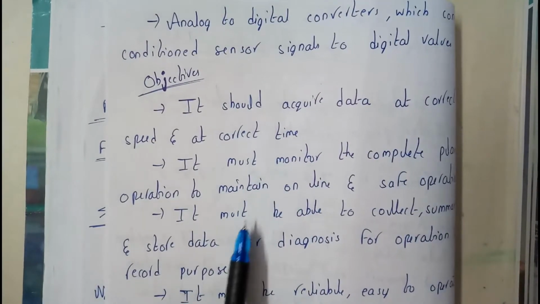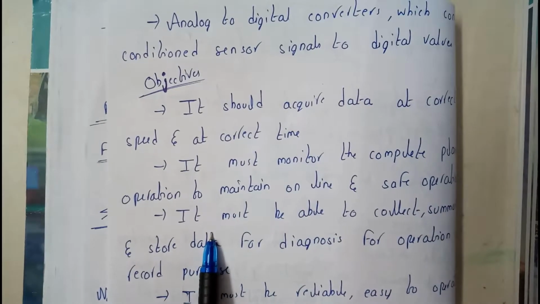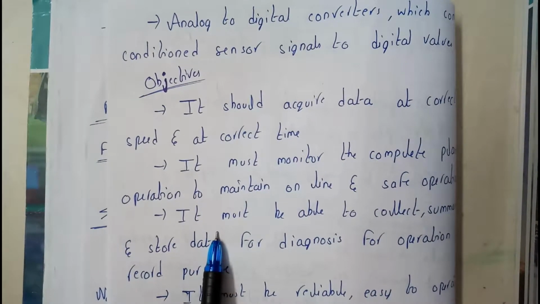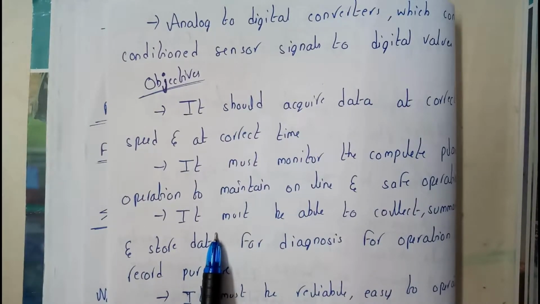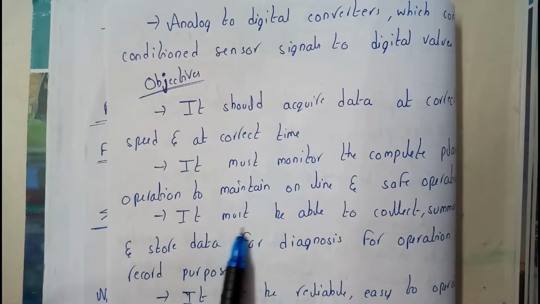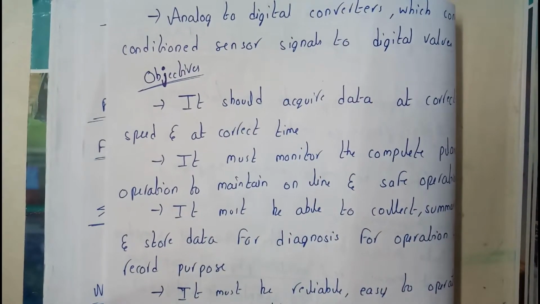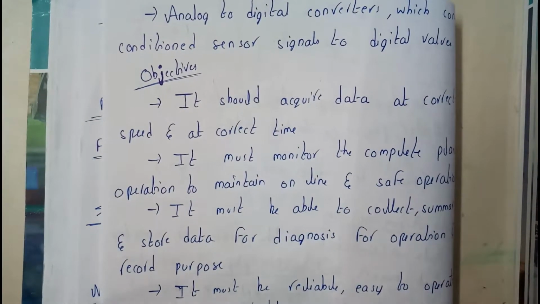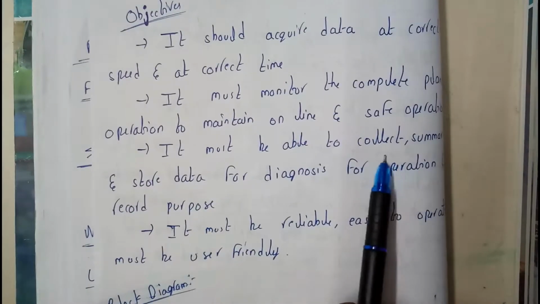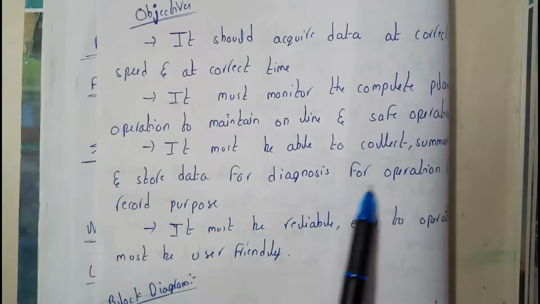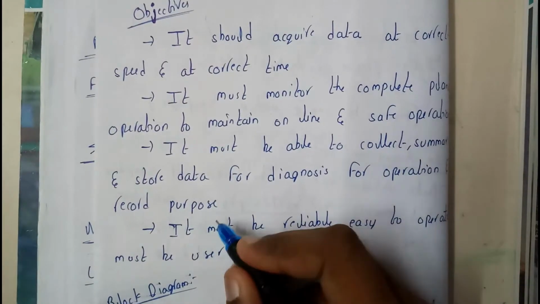Let us move on. It must monitor the complete plant operation. Plant is nothing but our industry. Whichever industry you assume, that's going to be our plant. So it must monitor plant operation to maintain online operation and safety precautions. It's going to safeguard our whole factory. It must be able to collect summaries and store data for analysis, operation and recording purposes.